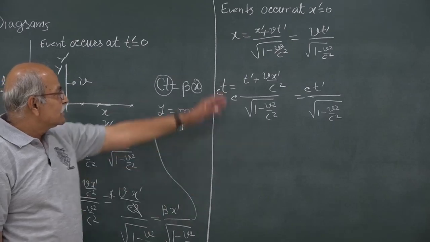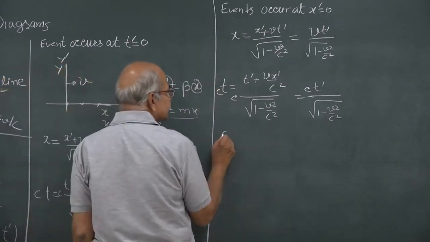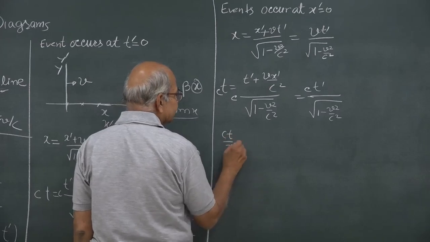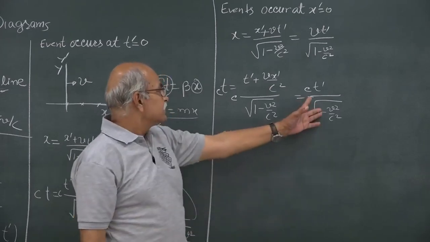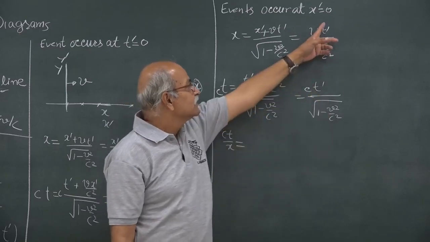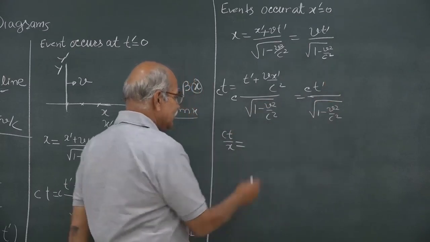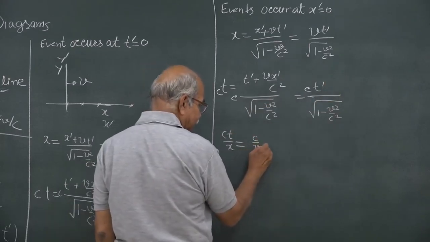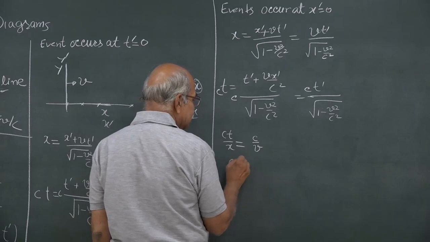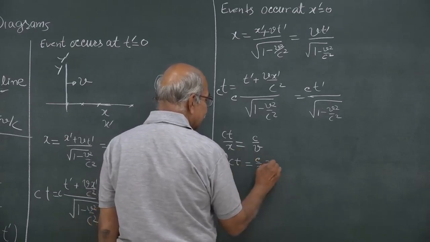Once again, look at this equation, see what is Ct by x. This is Ct and this is x, divide by this, t prime by square root 1 minus v square by c square will get cancelled, and you will have c by v, and so Ct is equal to c by v times x.